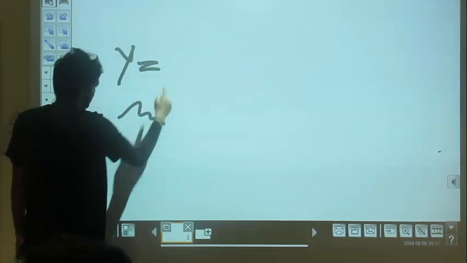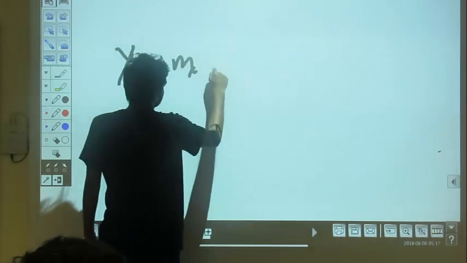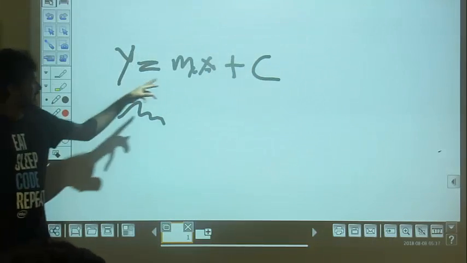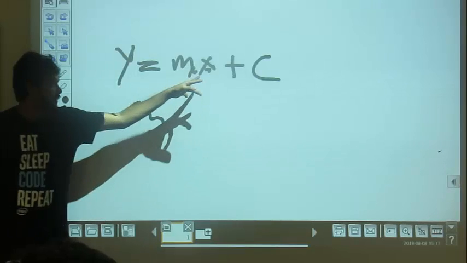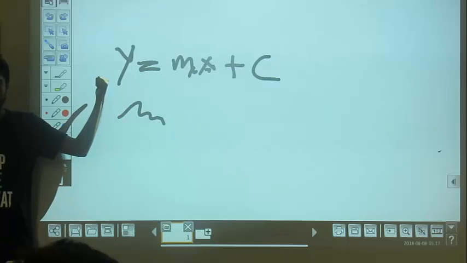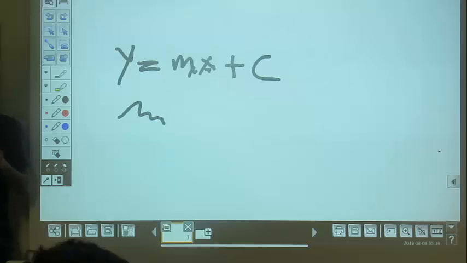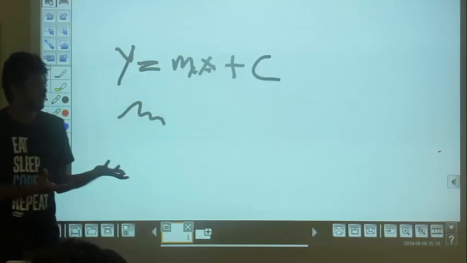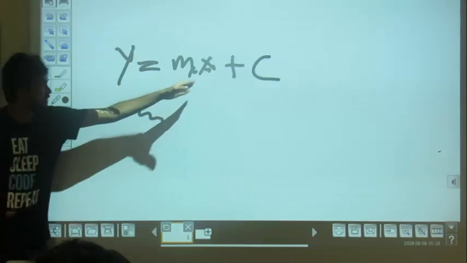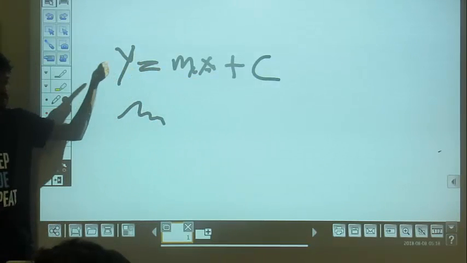If you have a function like this, x is your input and y is your output. As simple as that. You can't adjust your y and x. If you want to get the best function, what you have to adjust is m and c, right? So we give them the x and we expect a y.